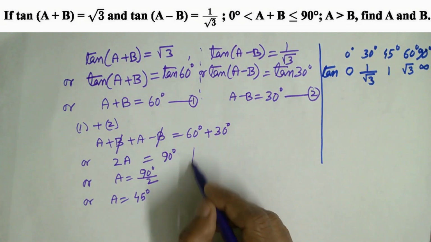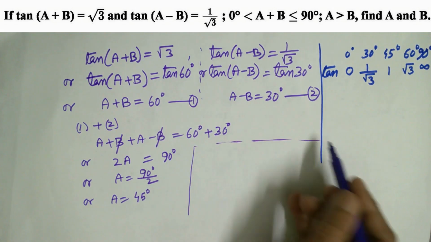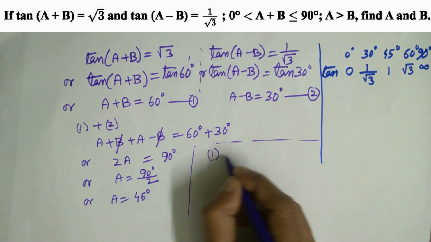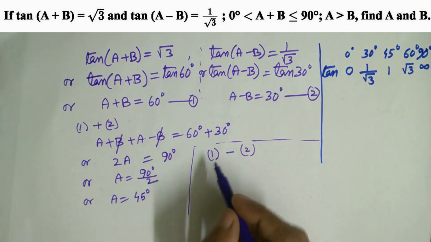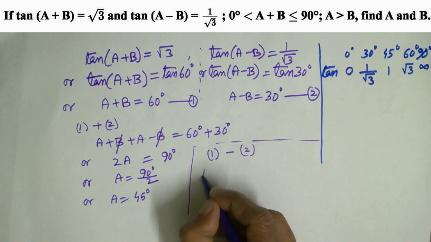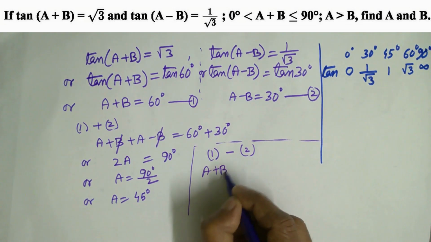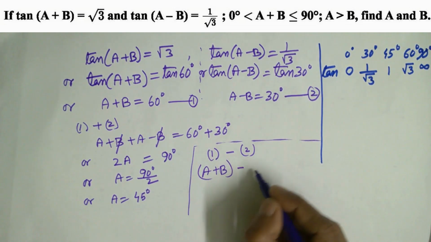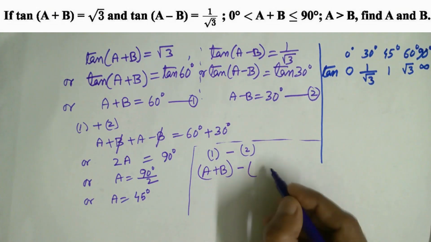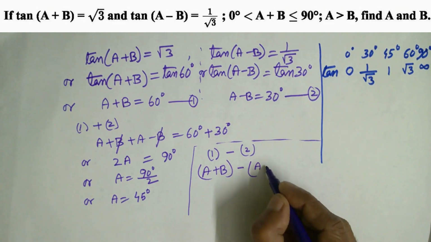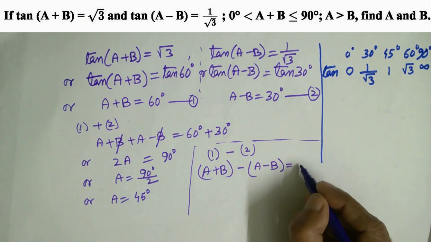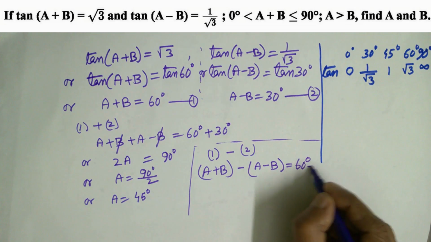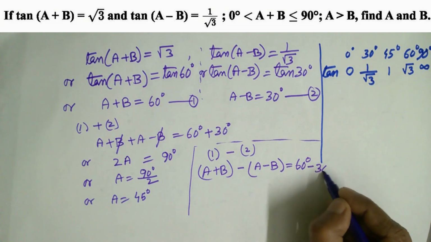Now doing here 1 minus 2. The left hand side of 1 is a plus b. Writing here, as there is a minus symbol, we should write it within brackets for better understanding, is equal to 60 degree minus 30 degree.